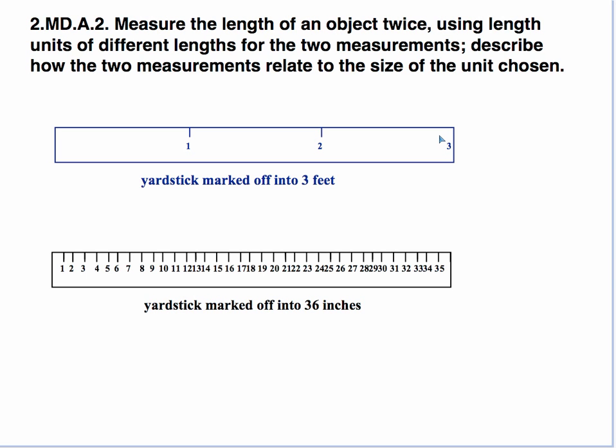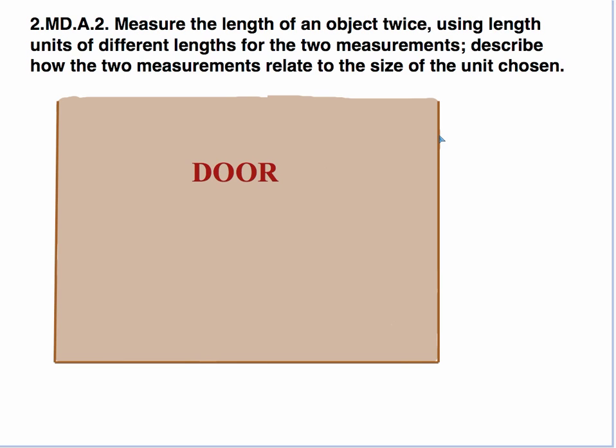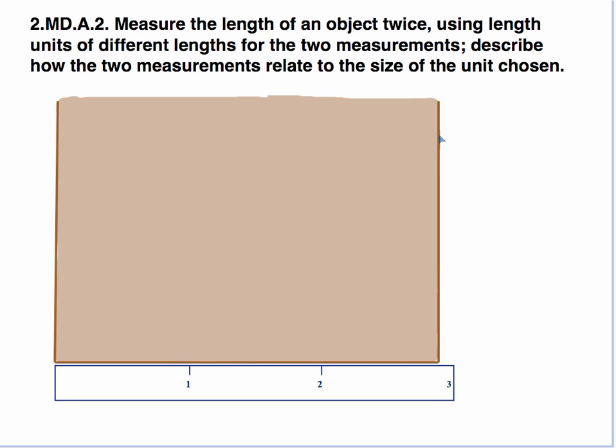Now let's say we've constructed a yardstick and it's marked off in feet, and then we also have a yardstick that's marked off in inches, 36 of them of course. And let's say we're going to measure the width of a door. So we use our yardstick that's marked off in feet, and we see that it's not quite 3 feet, but it's close enough.